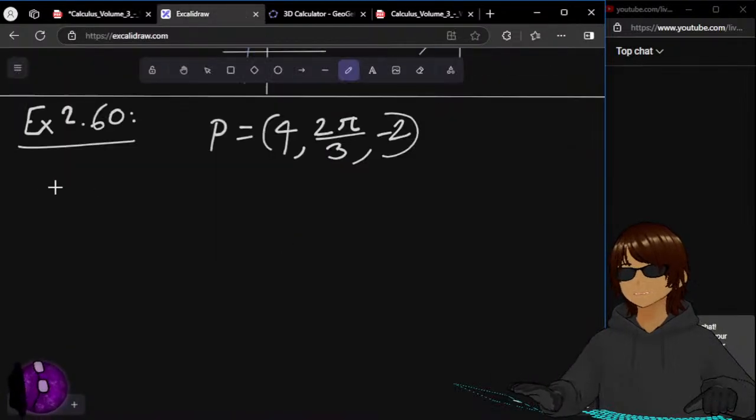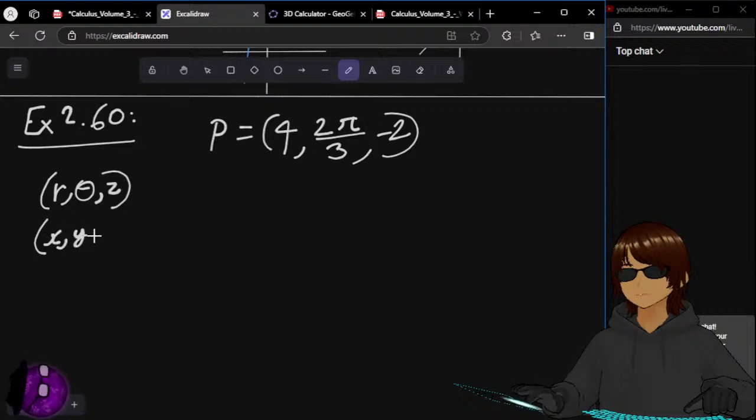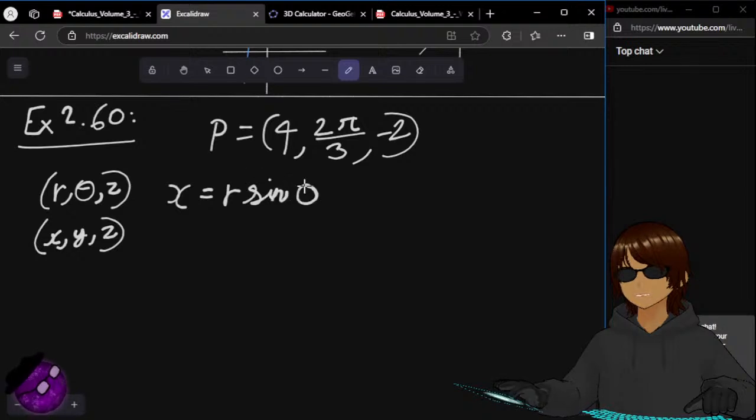In the cylindrical coordinate, we have r, theta, z, which is x, y, z here. x is r cos theta.